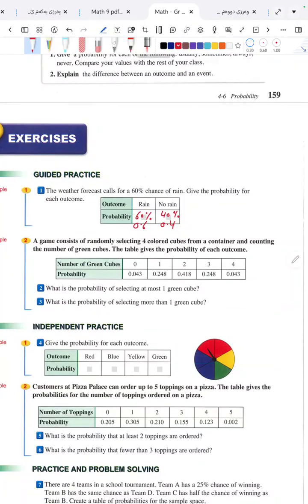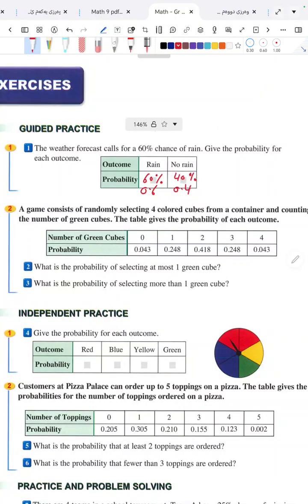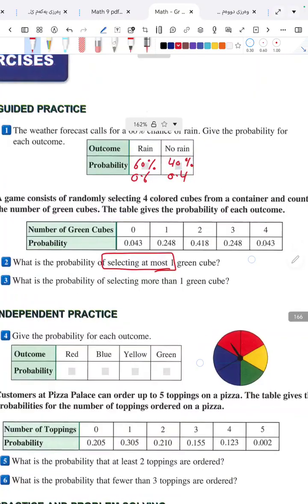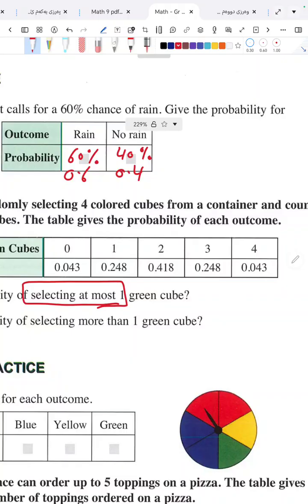Okay? Again, you have a table. A game consists of randomly selecting full colored cubes from the container and counting the number of green cubes. The table gives the probability of each outcome. Let's see. Question 2. What is the probability of selecting at most one? As I told you, at most meaning the number and less. So at most one and less than 1.